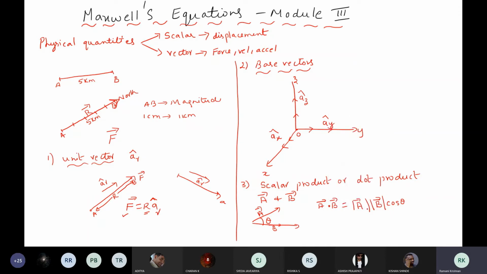It is a product of the magnitude of the two vectors and cos of the angle between them. Can you see here, theta is the angle between the two vectors? Okay.